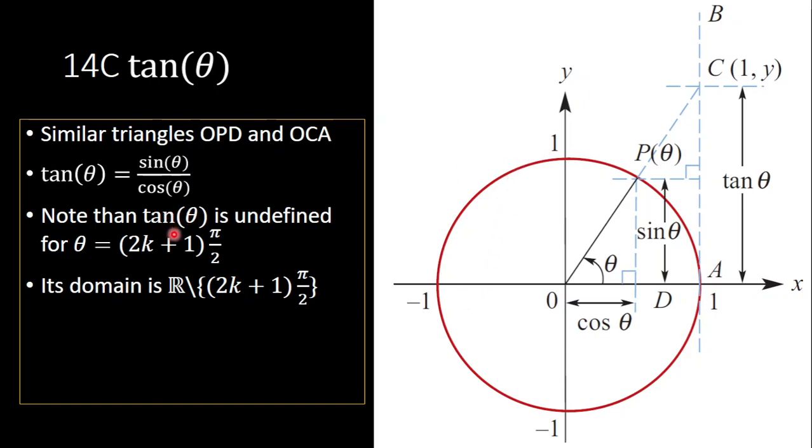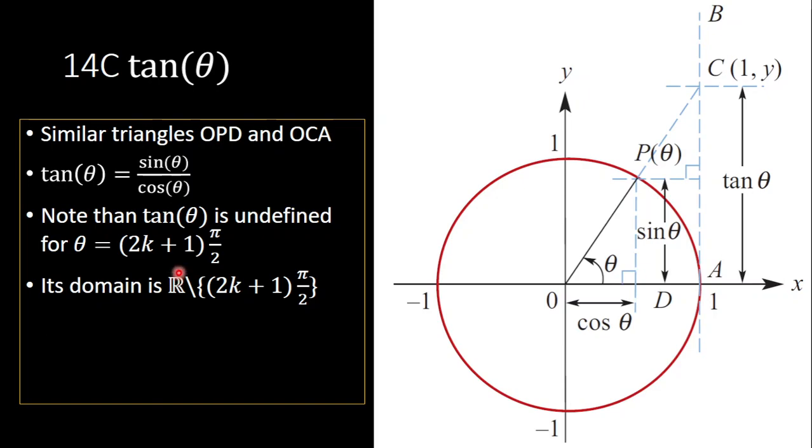So if it's 1, we're up here. Down here is 3 times pi on 2, and we keep going around, and that's 5 times pi on 2. So those values, 2k plus 1 times pi on 2, are excluded from the domain.